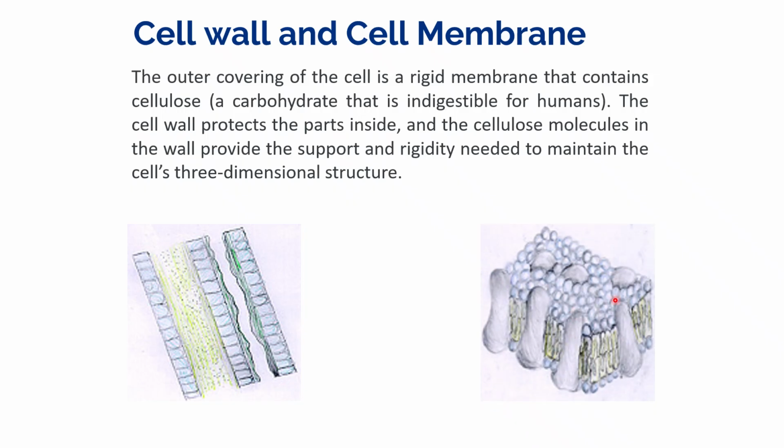Now the cell membrane, as in the case of any other living cell, microbial or animal cell, is a phospholipid bilayer. So here also you can see this is the inner leaflet of the cell membrane, and this is the outer leaflet of the cell membrane which faces the cell wall. In between, these are the intermembrane fatty acid layers.